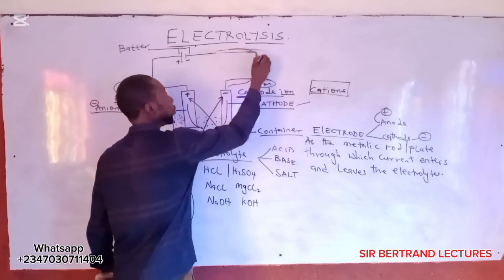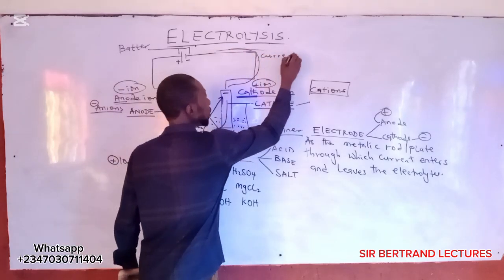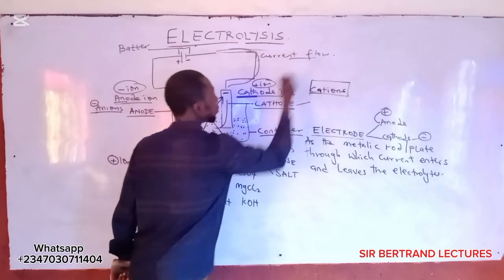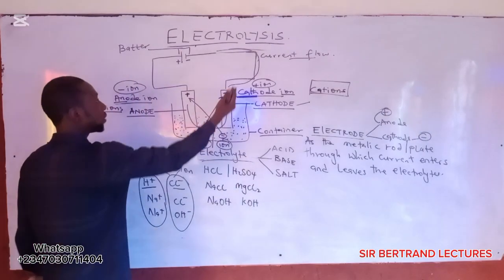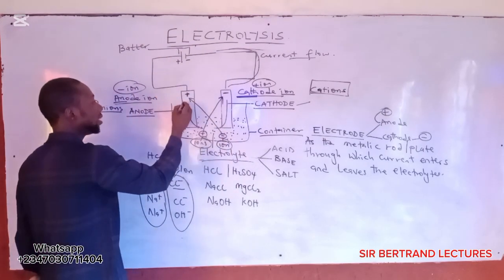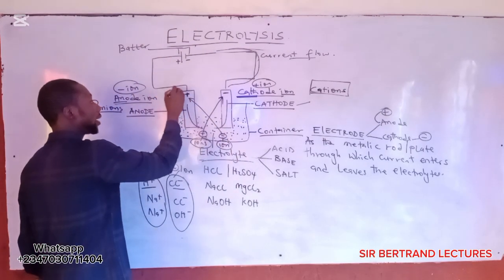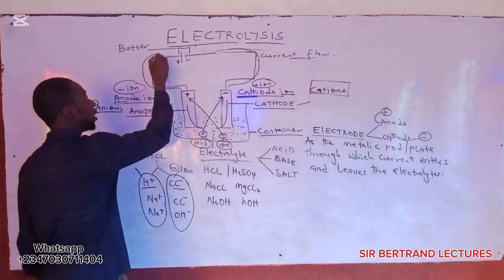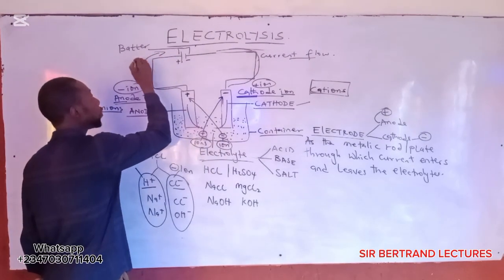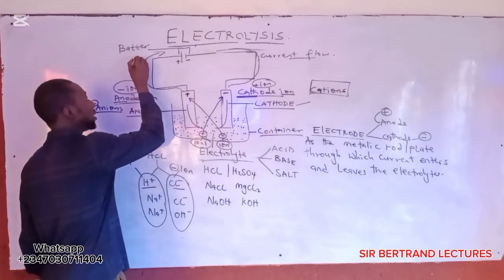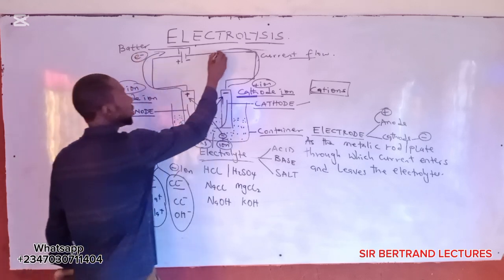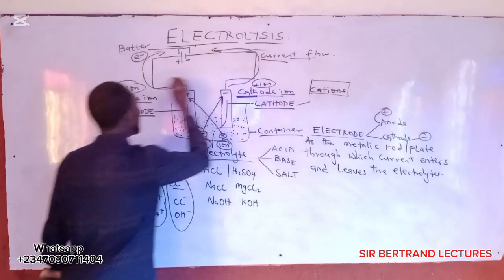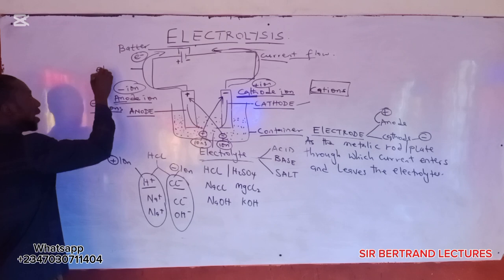This is the direction of current flow. Then as current is flowing, the electrons are going this way. This is the direction of flow of electrons, which are negatively charged. This is the direction of flow of current, and here is the direction of flow of electrons.